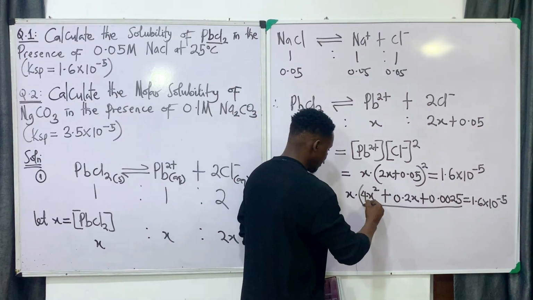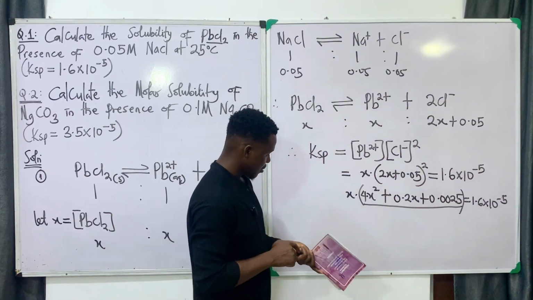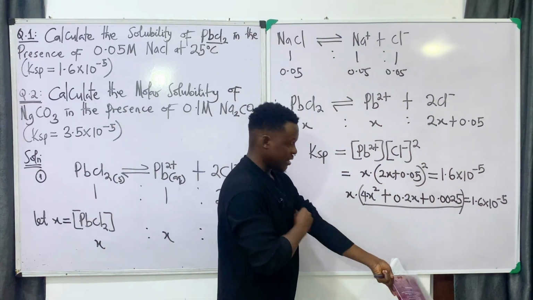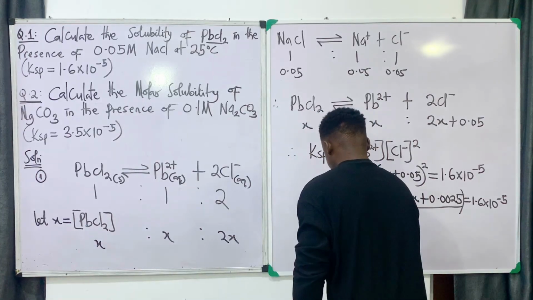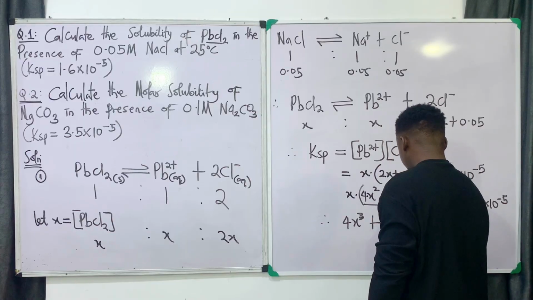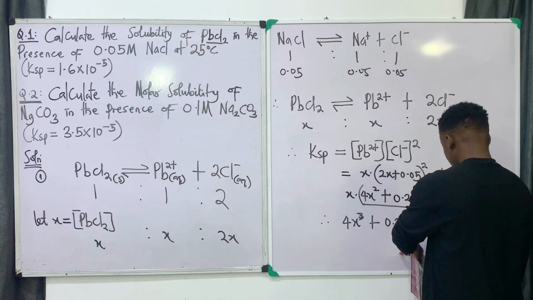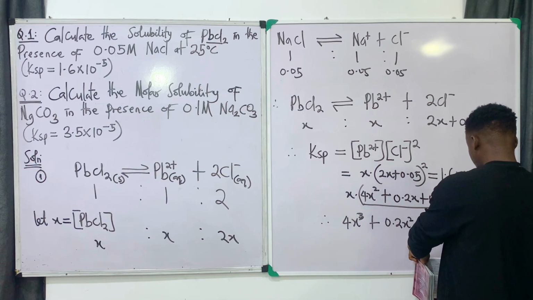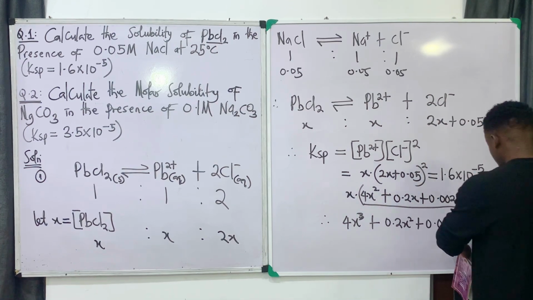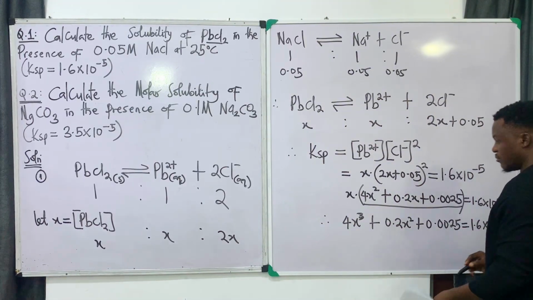Now do not forget that this x is going to multiply everything here. So this becomes 4x cubed plus 0.2x squared plus 0.0025x equals 1.6 times 10 raised to the power of minus 5.